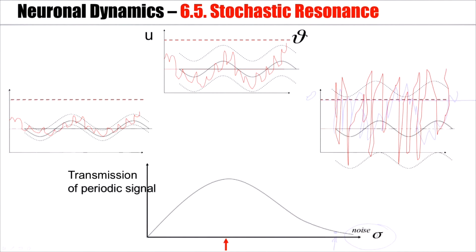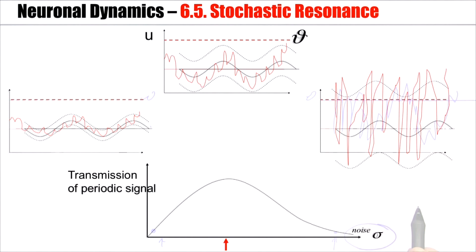Now let's look at low noise, a point here. The reference trajectory does the same kind of oscillation. The threshold is at the same value, but now the noise is small. Well, the noise is so small that the trajectory never hits the threshold. So signal transmission is really bad.